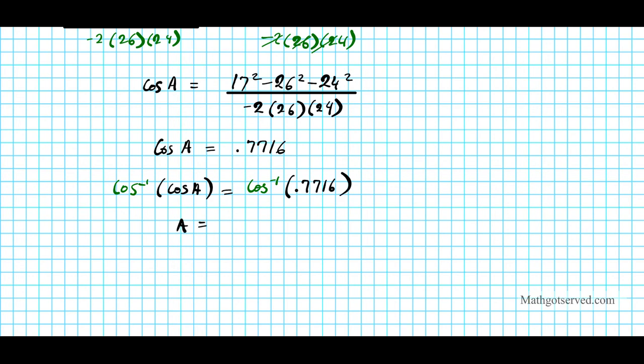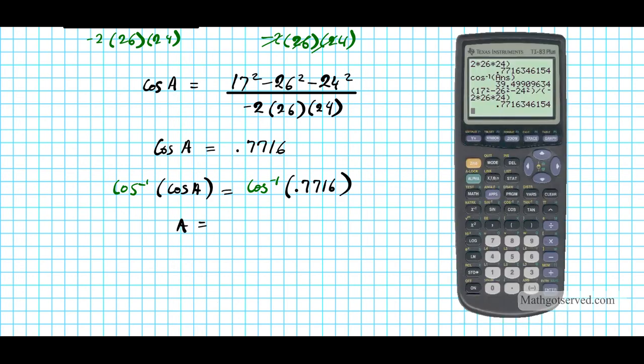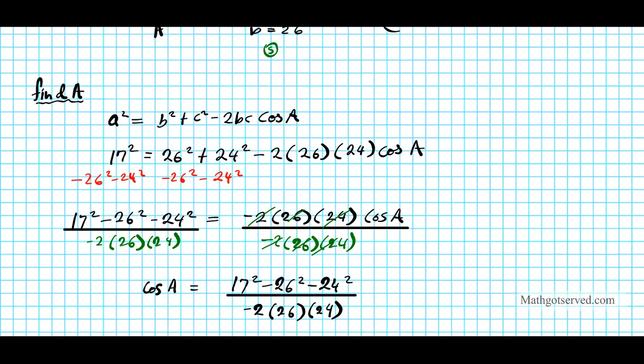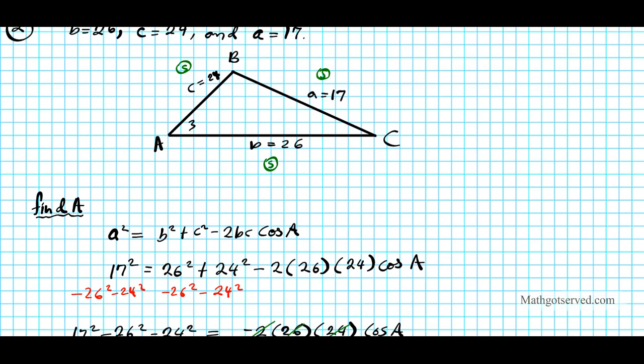So we have A equals, thinking back to our calculators, the inverse cosine of our previous answer, call that up, enter, 39.4991. All right, so angle A is 39.4991 degrees. Let's go ahead and put that back in there, 39.499.